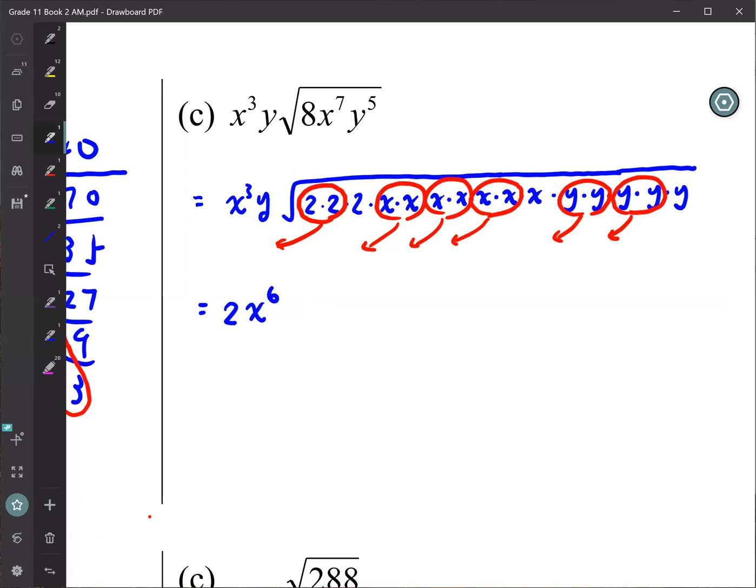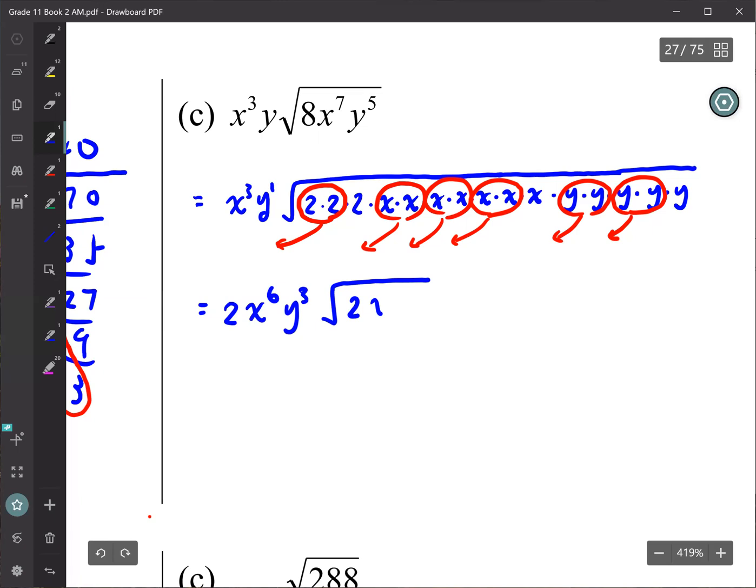Because you get 3 of them going out to join the 3 of them outside, right? And then for the y, the outside already has 1, right? And you get 2 y's coming out, so that makes 3 on the outside. Make sense? Okay, and then the leftover, you just write down whatever doesn't pair up, right? So you have a 2, x, and y.